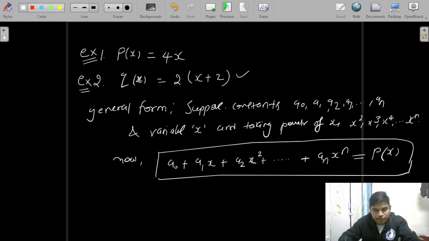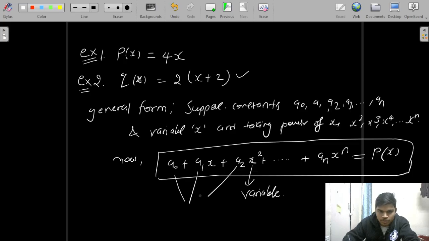Now you can see that if you change the values of a0, a1, a2, a3, an, and you can change the variable also, you can get a different representation of the polynomial. So here x is your variable, and these a0, a1, a2, and the other a's are your constants, and these are the coefficients.